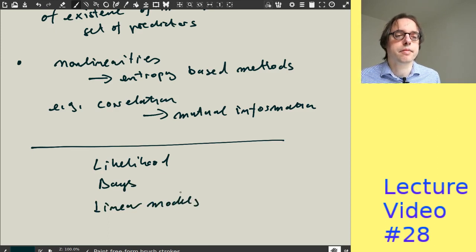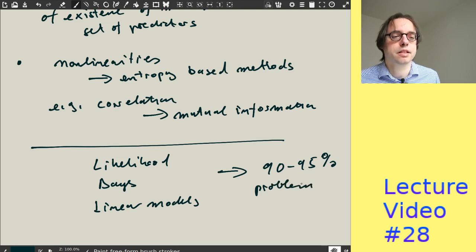Even if you wouldn't do any further statistics class, you should be pleased to know that if you know likelihood and if you know linear models, you can probably solve 90 to 95% of all problems out there. They can be solved with this still elementary set of tools. So hopefully this course has helped you to understand these tools a little bit better.